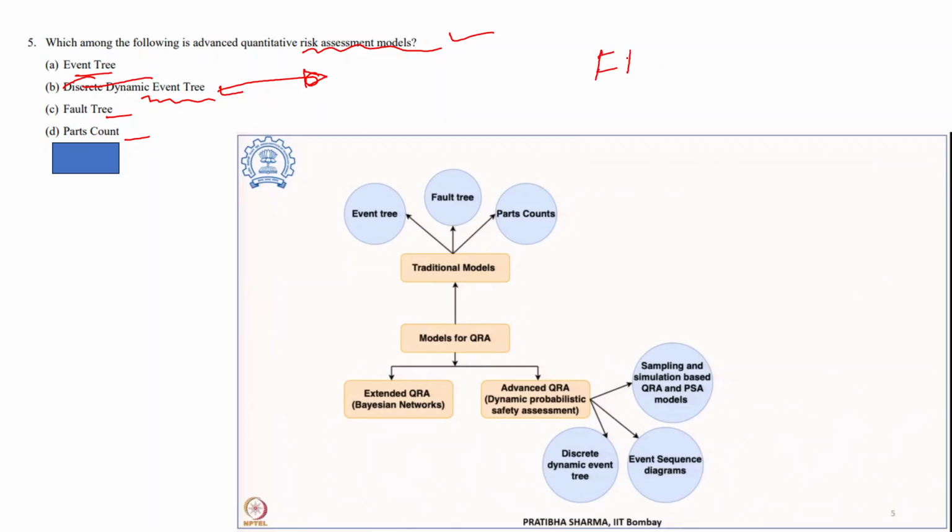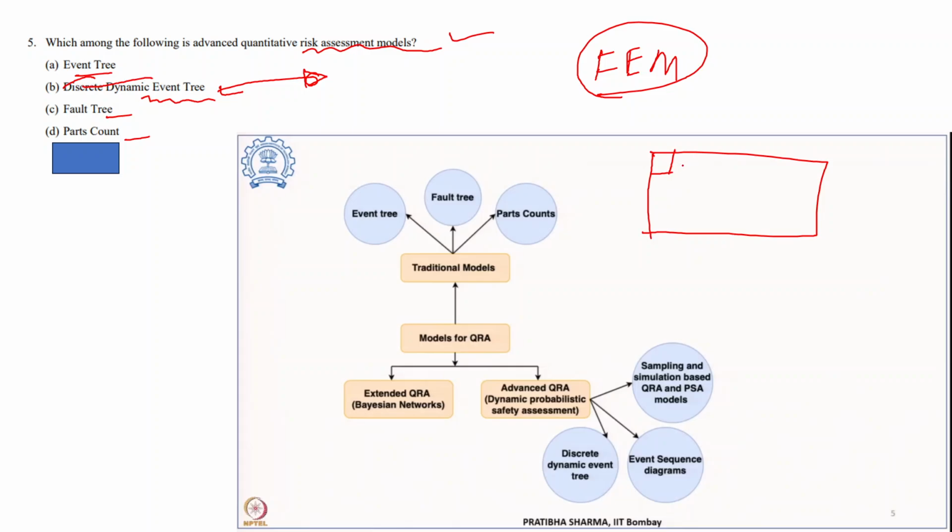Why is this called discrete? Discrete means, suppose this is your tank, or your piston cylinder, any material, and I am analyzing this material property, or material failure property.